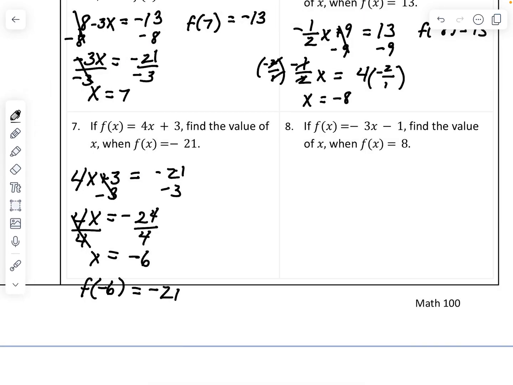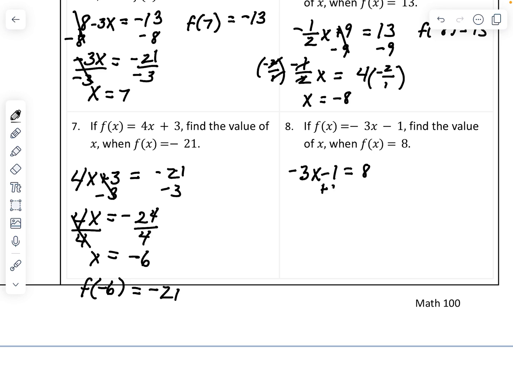Now, if f of x equals negative 3x minus 1, find the value of x when f of x equals 8. In other words, I have my output. I need to know what my input is. I need to know what x is when my y is 8. So solve for x when it equals 8.